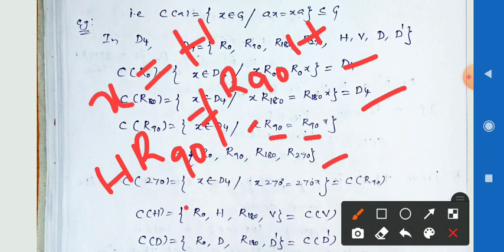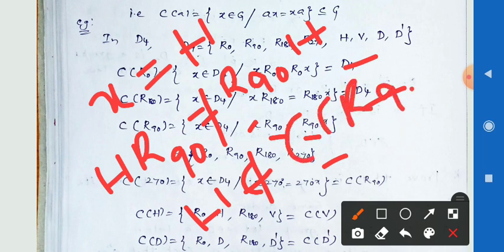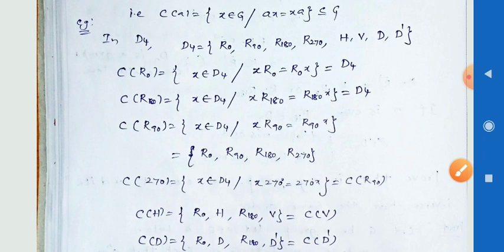Therefore h does not belong to C of R90. Because this condition is not satisfied, h does not belong to C of R90. Therefore only rotation 0, rotation 90, rotation 180, rotation 270 are included.